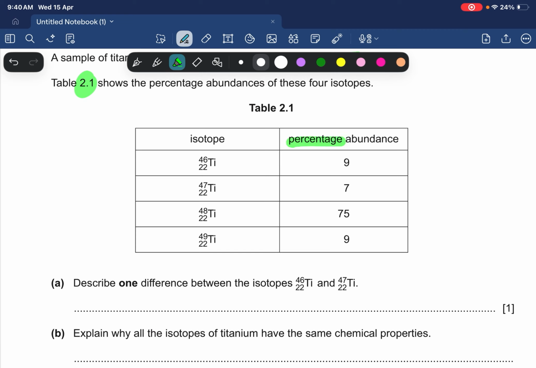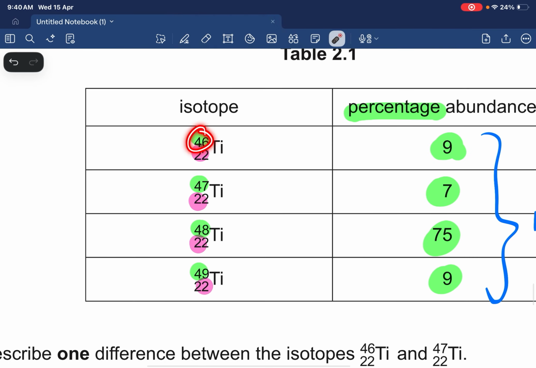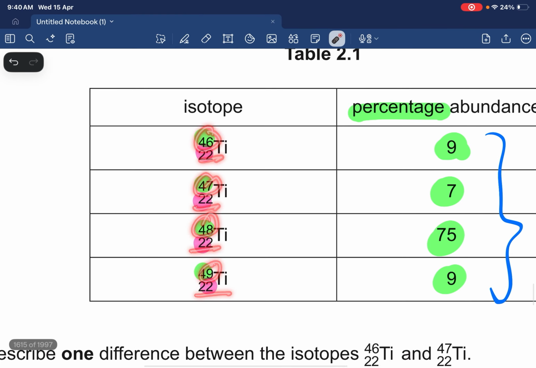That means the sum of all this has to equal 100. This is your mass number 46, 47, 48, 49, and this is your proton number, which remains the same for isotopes. What changes for isotopes is the mass number, and what remains constant for isotopes is the proton number.